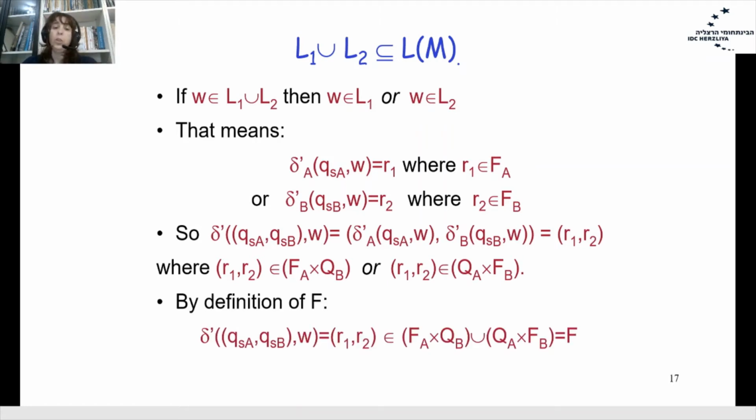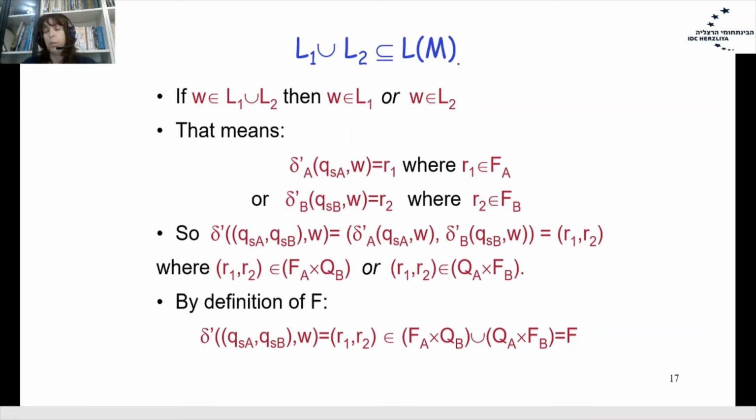By definition of F in our new automaton M, delta cap from the state QSA, QSB on the word W equals R1, R2, which belongs to FA Cartesian product QB union QA Cartesian product FB.